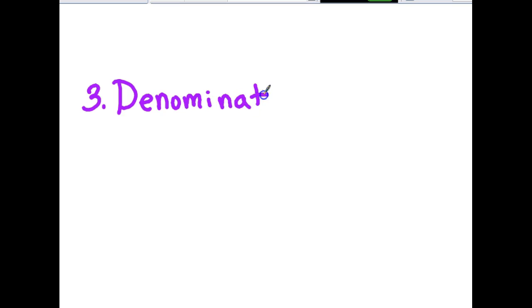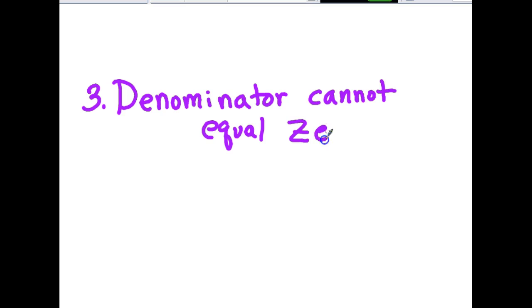Denominator cannot equal 0. The denominator can never equal 0 on any fraction anywhere, but it's going to be especially important on these problems. So did you write that in on your notes up above?